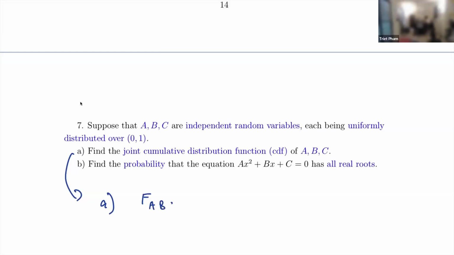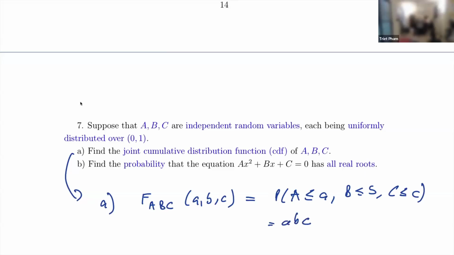It'll be something like big F of A, B, C, of little a, little b, little c, which is probability A less than or equal to a, B less than or equal to b, C less than or equal to c. That's really it. That would be the joint CDF. And the answer here would be abc, because it's uniform and independent.